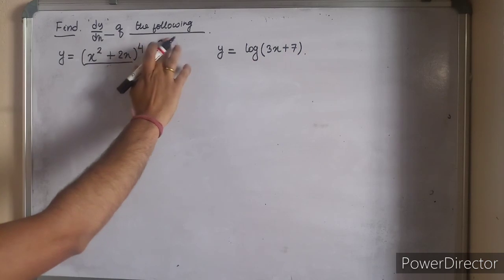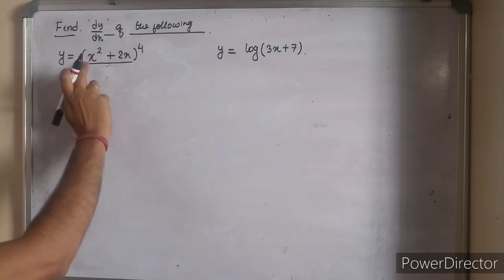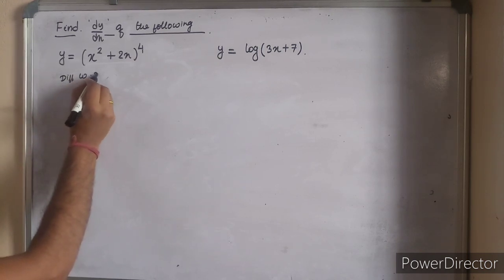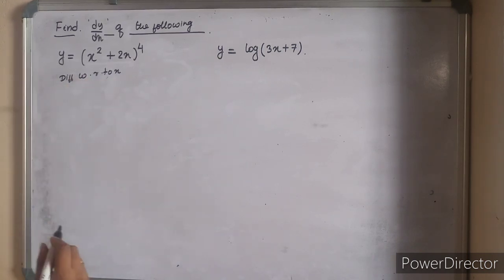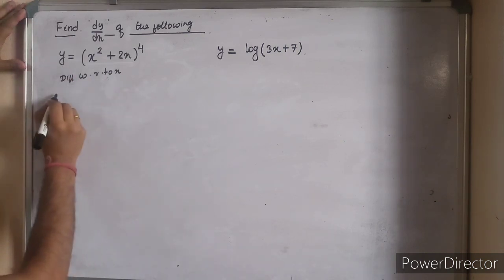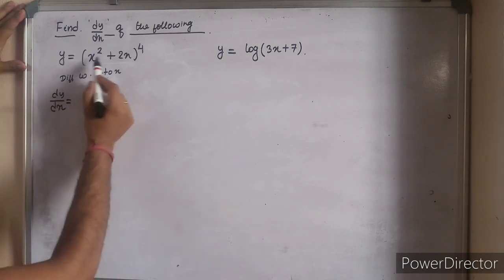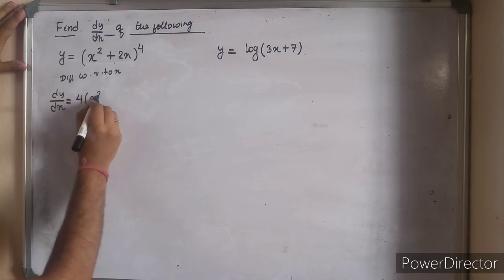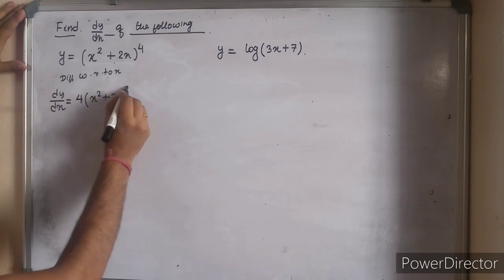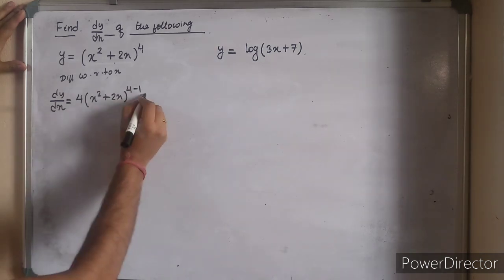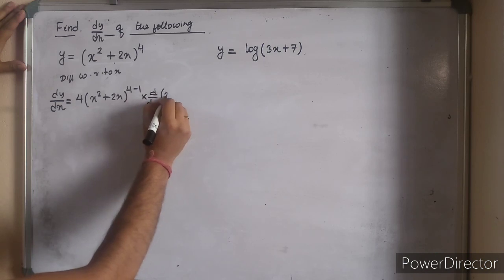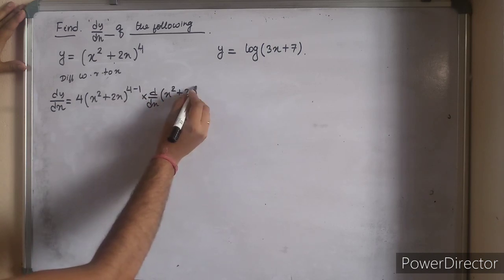Now I'll start. If the whole thing is considered as x, I'll write diff, meaning differentiating with respect to x. Now y with respect to x is dy by dx. I'll apply the power function. Let us suppose this whole thing is x to the power n formula: 4 (x squared plus 2x) to the power 4 minus 1, into dy by dx of the inner function, that is x squared plus 2x.